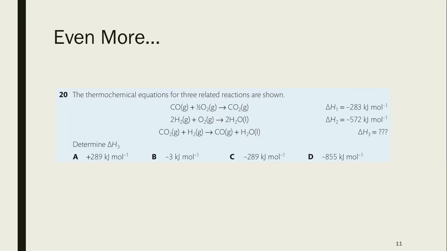All right, one last one that I want you to consider. The thermochemical equations for 3 related reactions are shown. We're given the first two. We want to calculate delta H3, the enthalpy change for the third equation.